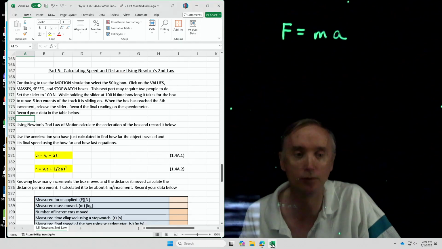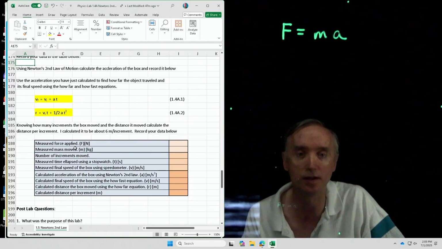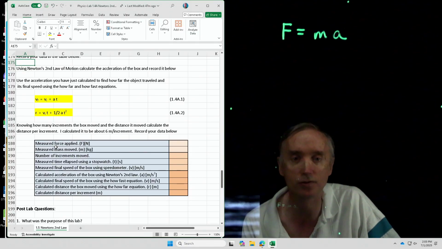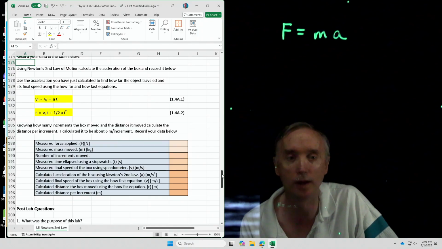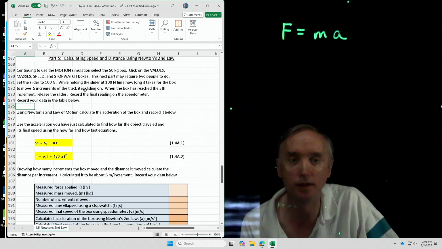Now you're going to be putting all of this data down here into this table. So it says, what was the measured force that you applied? Okay, so we're going to go back up to here, and it said to set the slider to 100 newtons. So 100 goes right here. What was the mass of the crate?